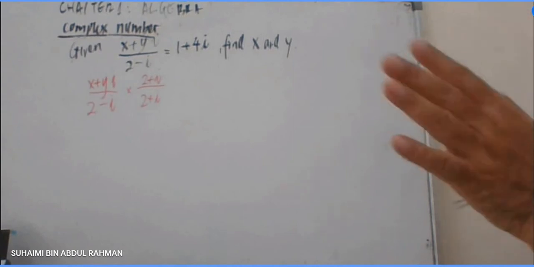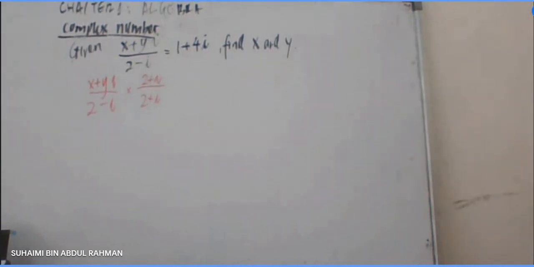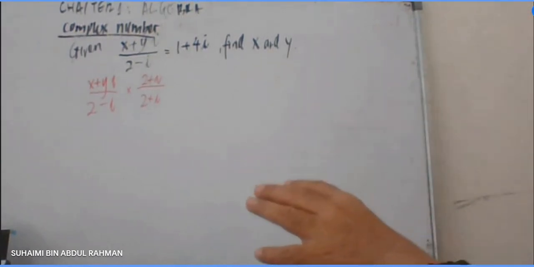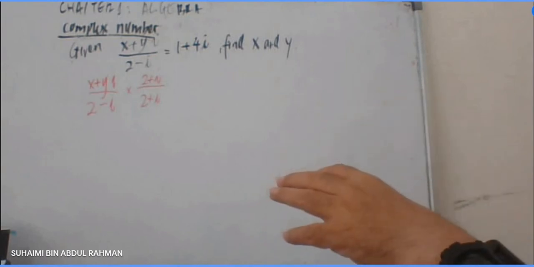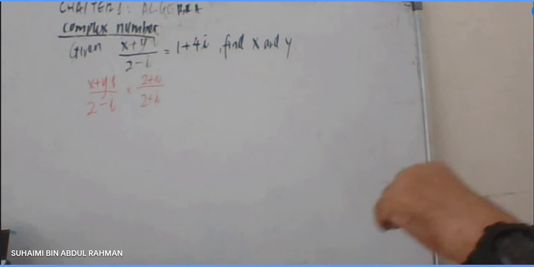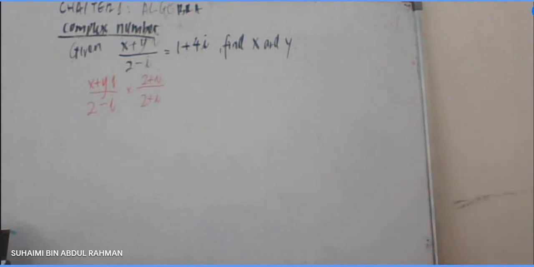So what we do is we multiply both numerator and denominator.